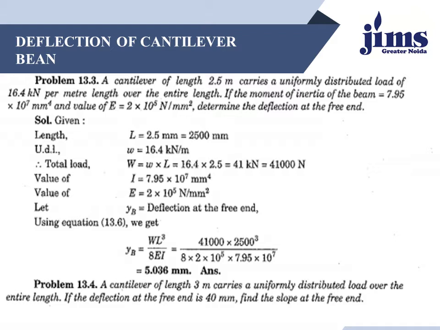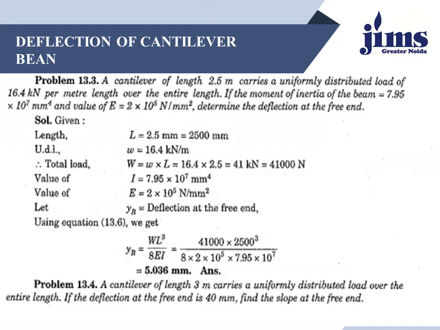So this problem is based on a uniformly distributed load whose intensity is 16.4 kilonewton. This is a very important problem. In case of a cantilever beam with UDL, its shear force diagram always lies in a triangular shape, and its bending moment diagram is parabolic in nature.